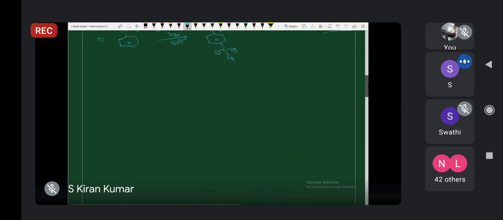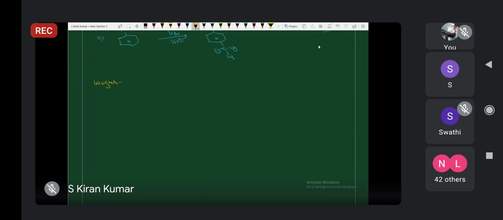Next under rearrangement reactions: the Wagner-Meerwein rearrangement reaction. What is the Wagner-Meerwein rearrangement reaction?